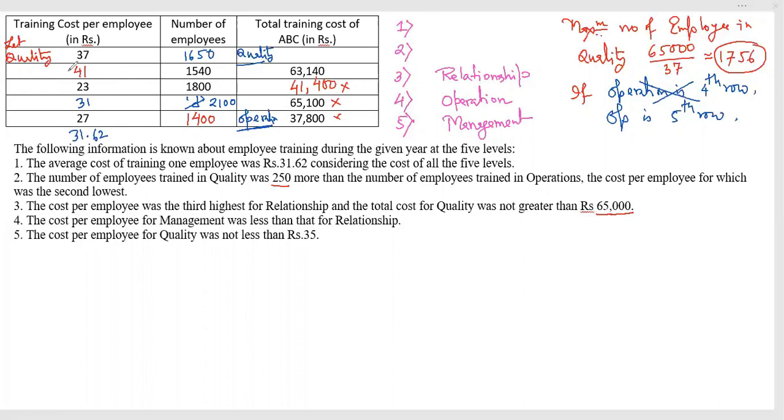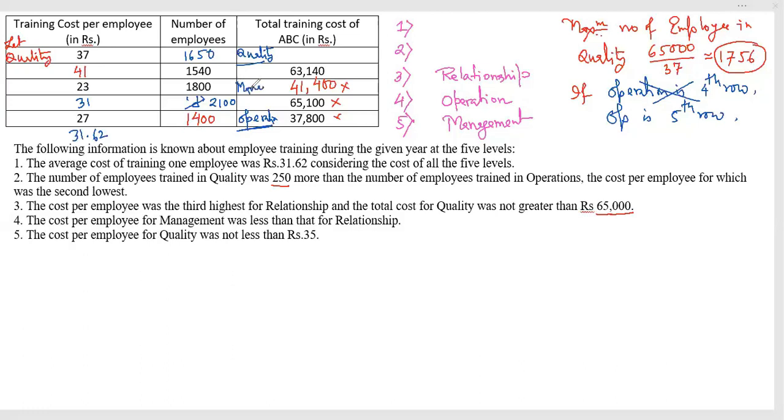But if I take quality differently, we will see that satisfaction is not possible for either the fourth or fifth row. This is a big calculation, so you can check it yourself. Finally, I can say that quality will be this, 37 cost per employee, operation 1400, and it is the second last. Management fifth will be here.